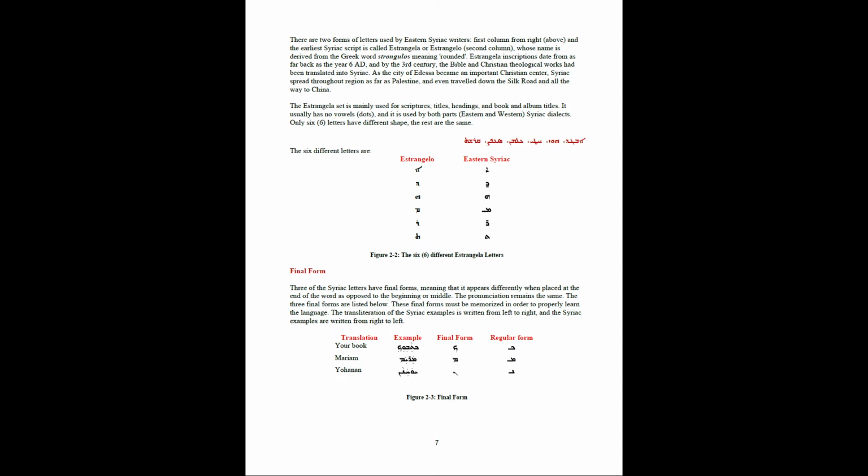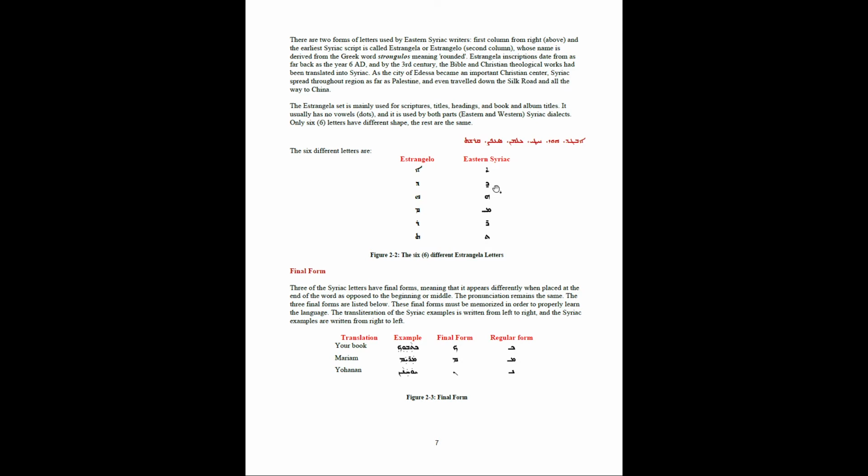Speaking of the Estrangelo or Estrangela, I mentioned that we have only 6 letters that are different in shape from the Eastern Syriac to Estrangelo. And we're going to cover both of them when we study the letters again.